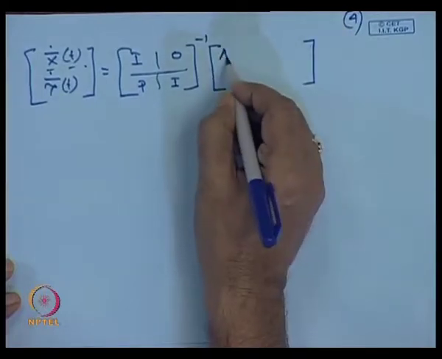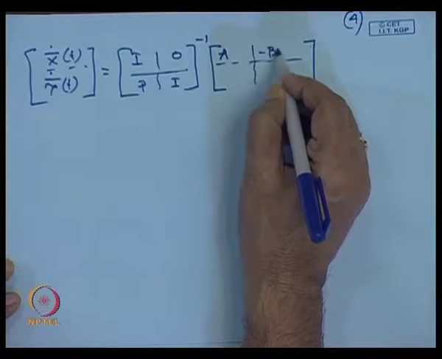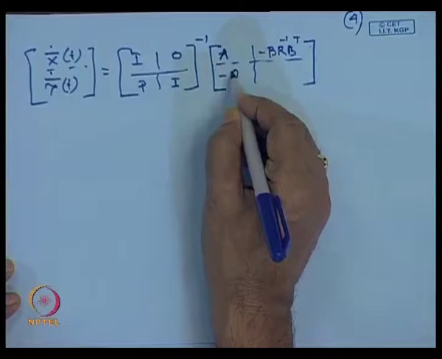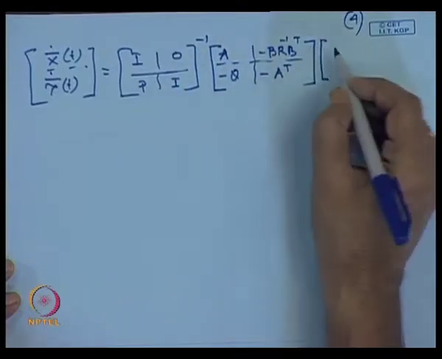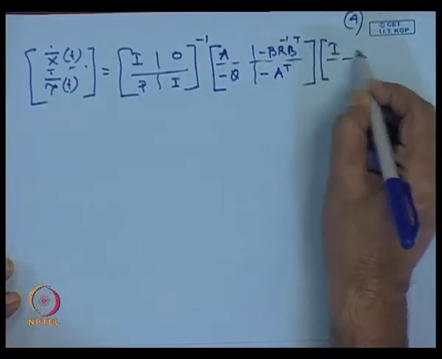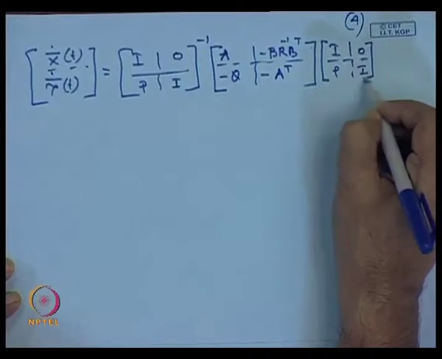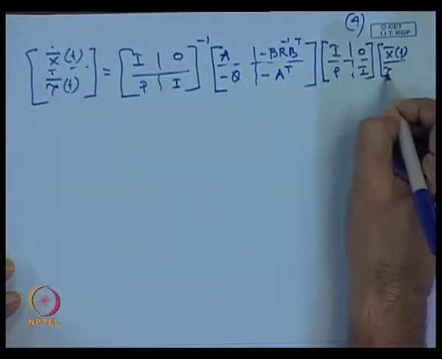If you write the expression for the Hamiltonian matrix, it is A, minus B R inverse B transpose, minus Q, minus A transpose, multiplied by I, 0, P, I, just simplified, times x bar, lambda bar of t.